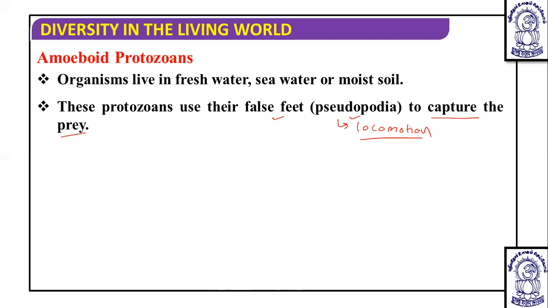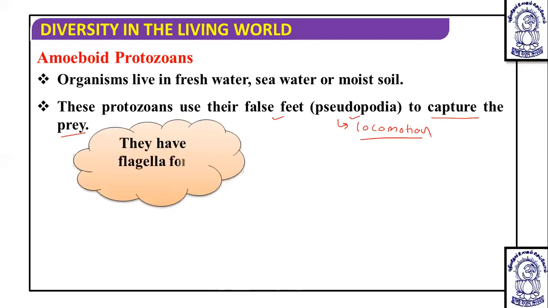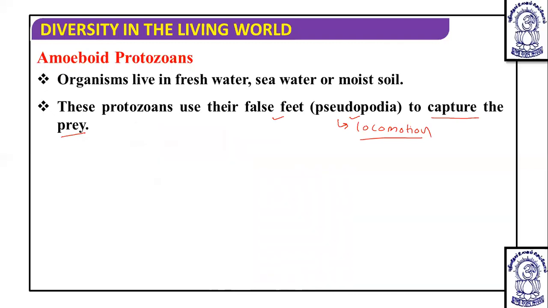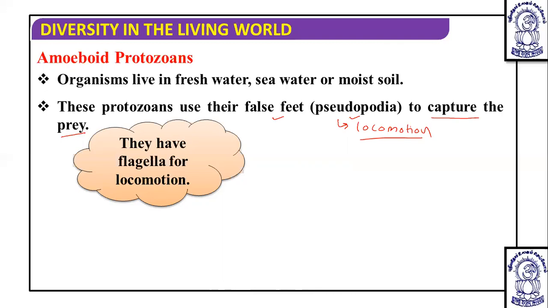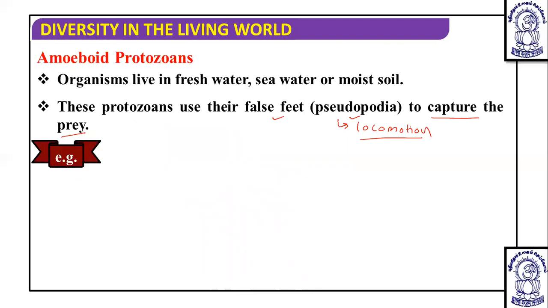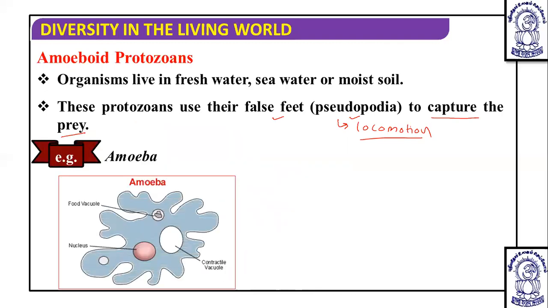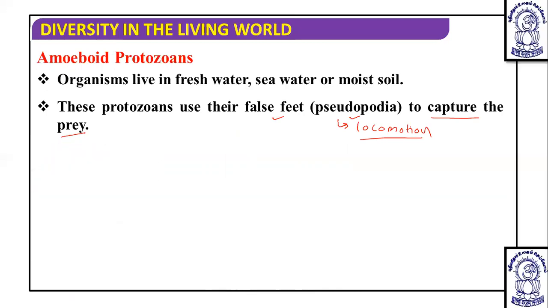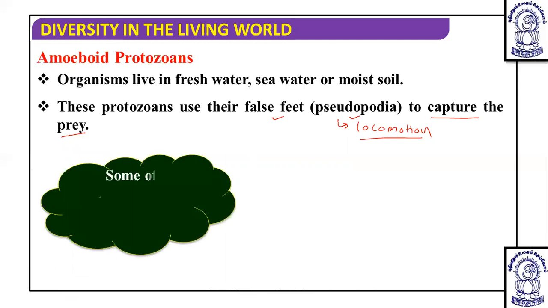Actually, they do not have flagella for locomotion. Examples are amoeba, and we can see this is the diagram of amoeba. So the question usually asked about amoeba is what is the function of pseudopodia?